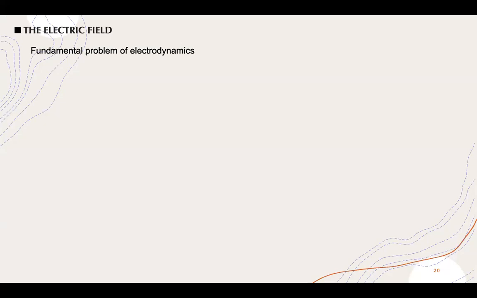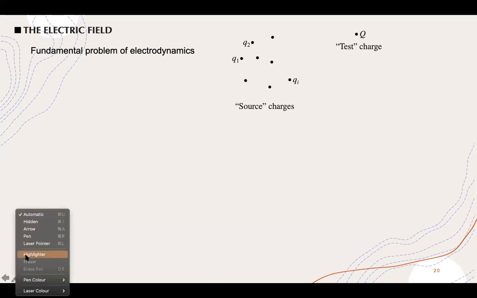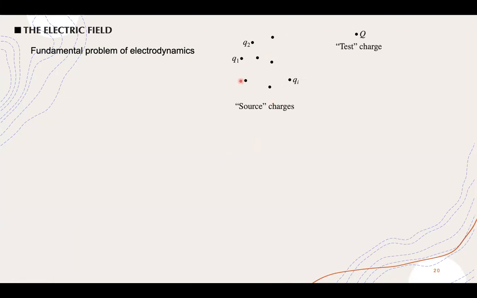The very first thing people try to see is that if you have source charges like this, let me take the pointer, these charges, let's suppose, are the source charges, and we want to find their effect on some charge, capital Q, which we call a test charge, and what effects Q will feel in the field of these source charges.